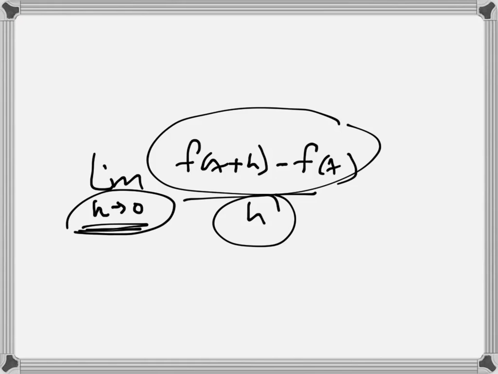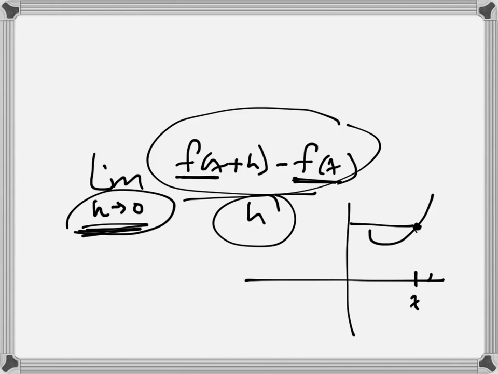The idea is, again, we've got some point on our graph over here, and we're trying to get to this point right here, x. Here's f of x right there, and we're taking small values h and adding it to that, so that we're really close.